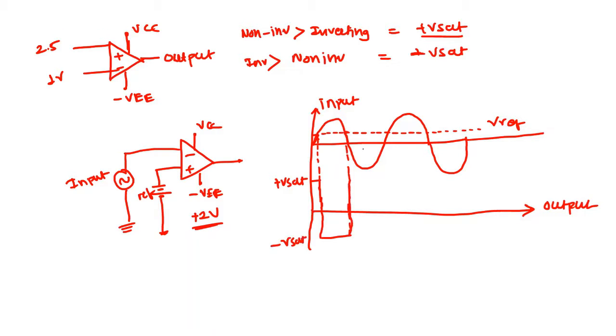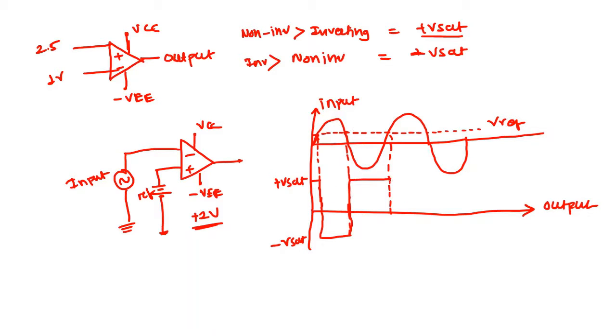Again from this point, V reference is a positive voltage, that is, non-inverting is greater than my inverting voltage because the input is in the negative again. So from this point up to this point, which is greater? My non-inverting reference. So again my output will be plus Vsat.